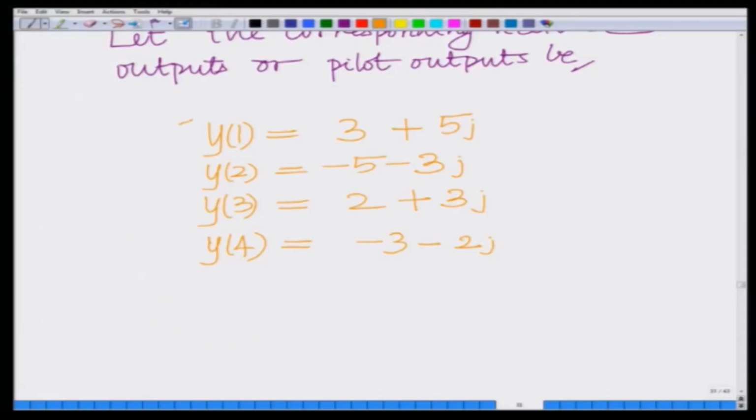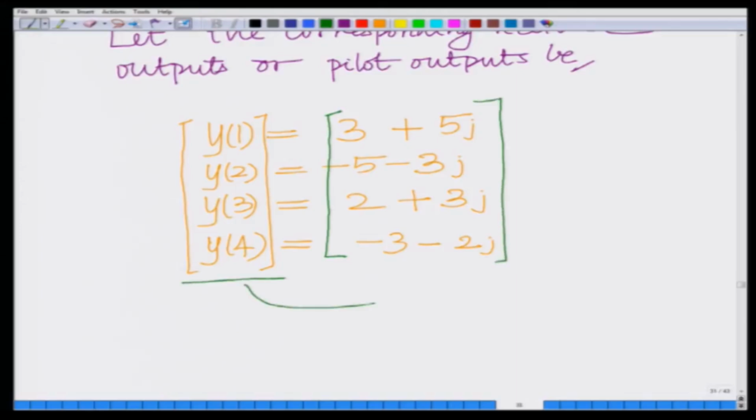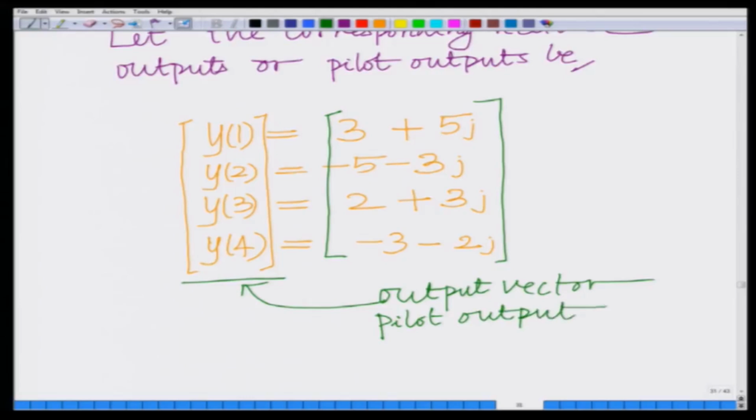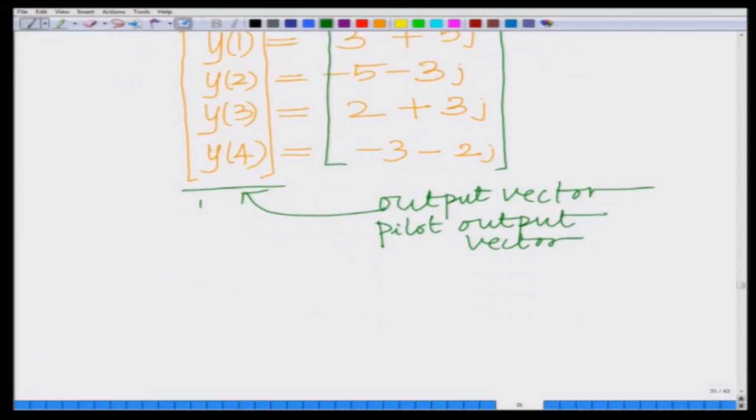Since these are the outputs corresponding to the pilot symbols, it is automatically understood that this is the pilot output vector, denoted by y bar.